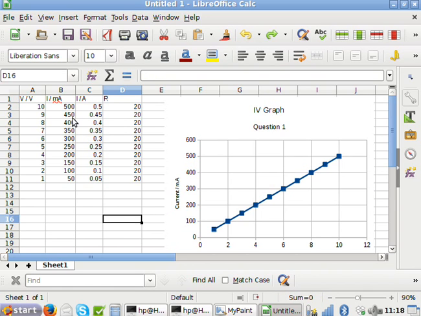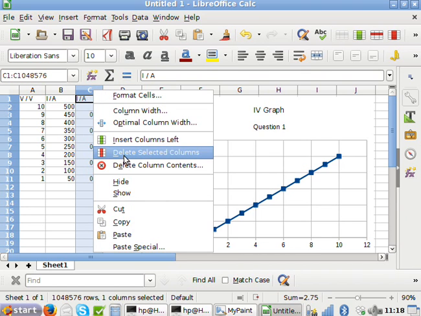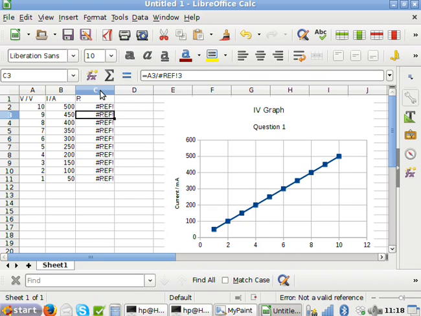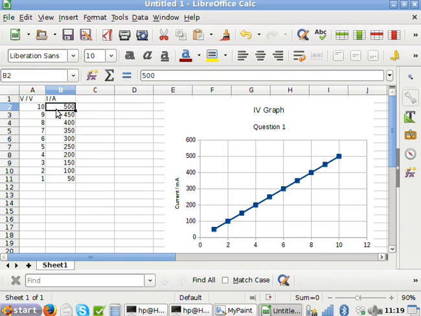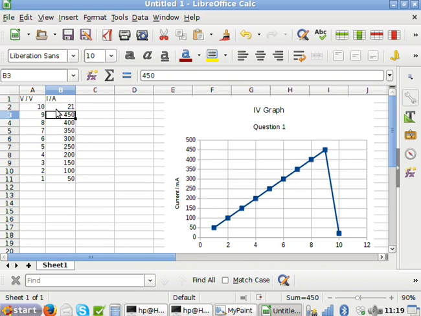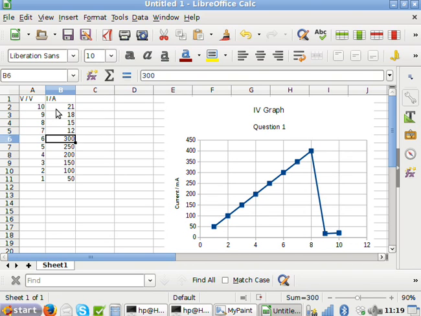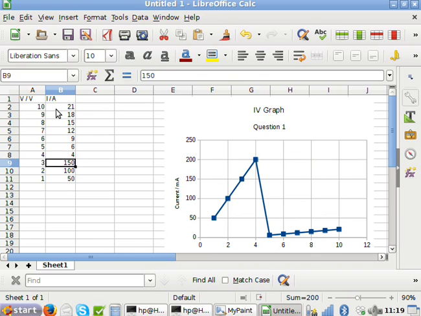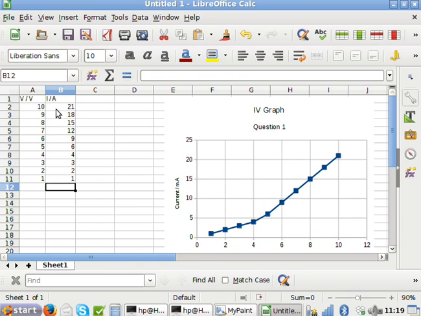From the graph, it's 1 over the slope, which is 1 over 0.05, which is 20. The same answer. Oh, I didn't have to do this. Yeah, but I did it anyways. F, the answer is the resistance.